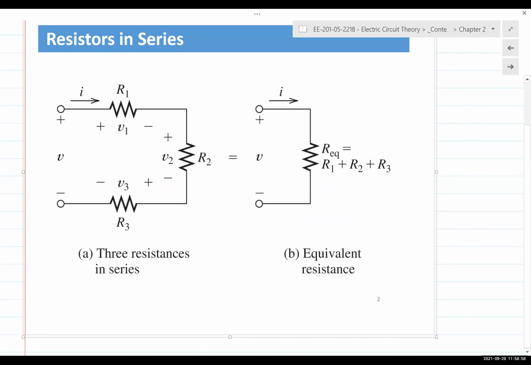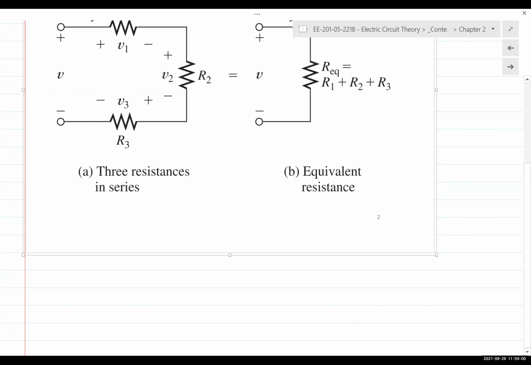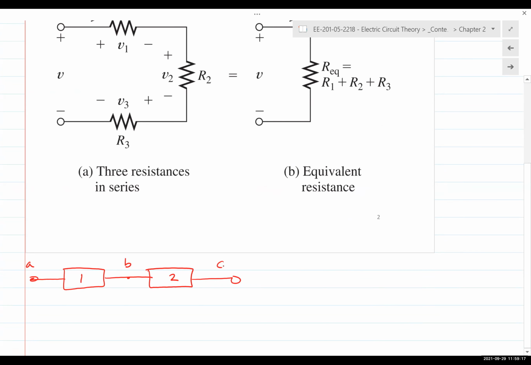When you have two or more components connected together, as long as they are connected by one junction, they are said to be in series. So if this is component 1 and 2, these are points A, B, and C. As long as you only have two connections at B, then the outer two connections, we can say that 1 and 2 are in series.